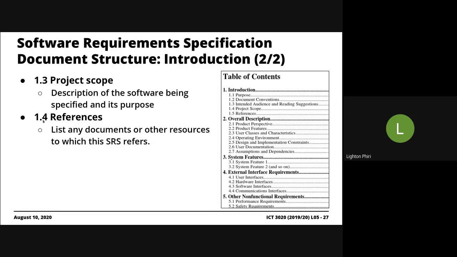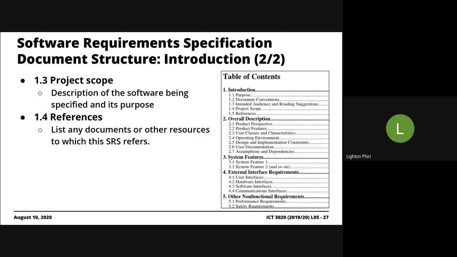So there's section 1.4, which points to reference documentation associated with this SRS. So it's a reference to additional documentation that whoever is reading this document would have to refer to for them to better understand some aspects of the document.